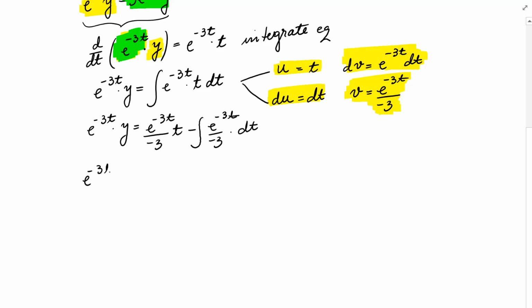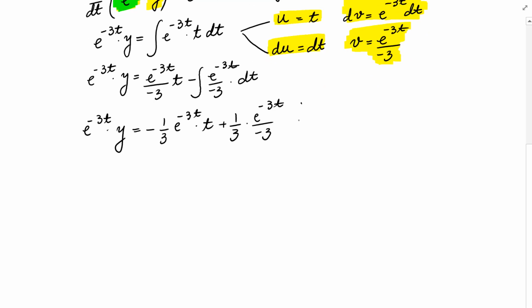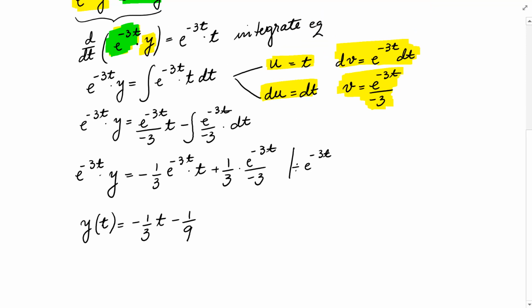So e to negative 3t times y is negative 1 over 3 e to negative 3t times t plus 1 over 3 times the integral of e to negative 3t dt, which is e to negative 3t over negative 3. If we divide everything by e to negative 3t to get y, we get y of t equals negative 1 over 3 t minus 1 over 9.